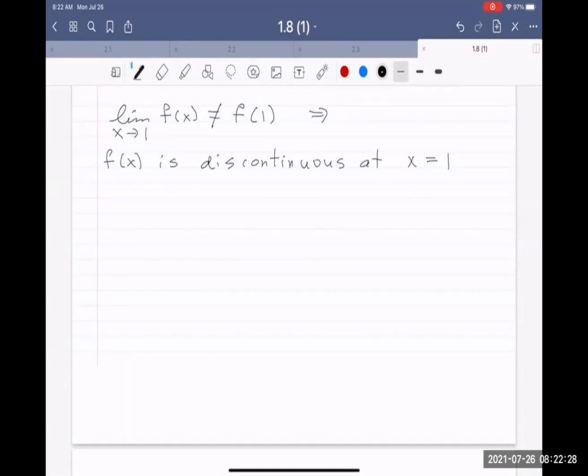Since the limit as x approaches 1 of f of x exists, and since f is not continuous at 1, then f has a removable discontinuity at x equals 1.